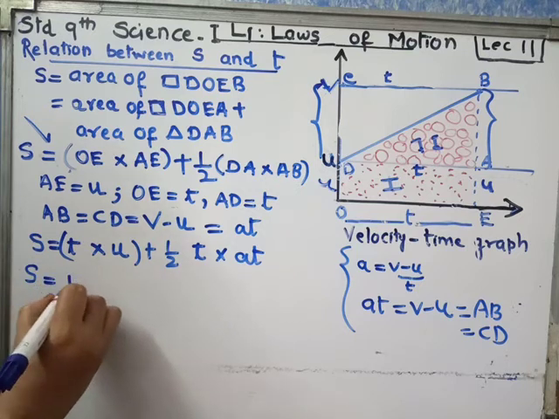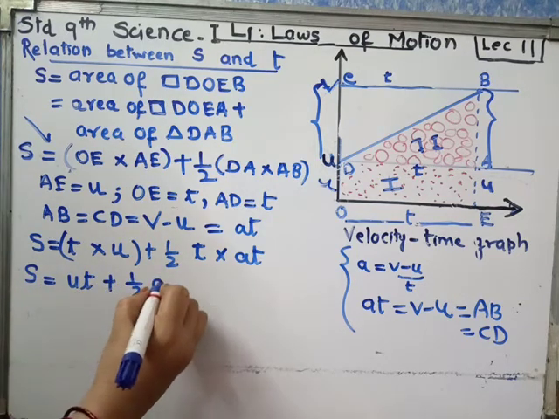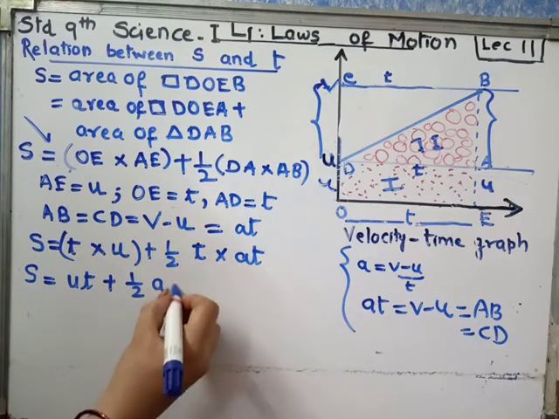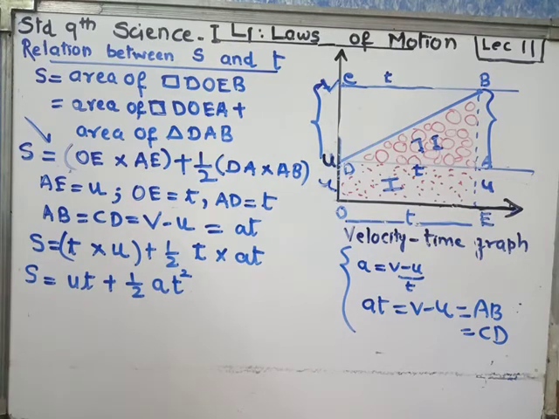S is equal to UT plus half AT multiplied by T square. UT plus half AT square. And this is the second equation of motion given by Newton.